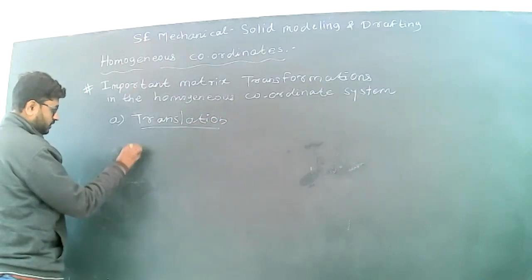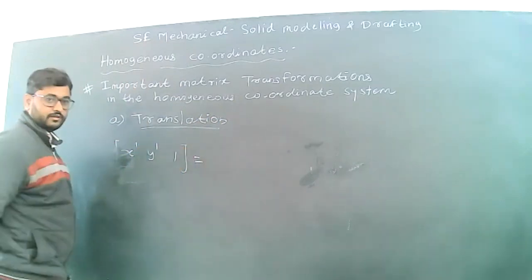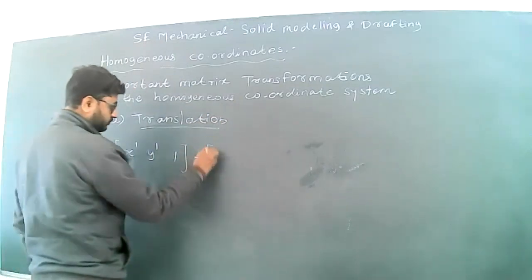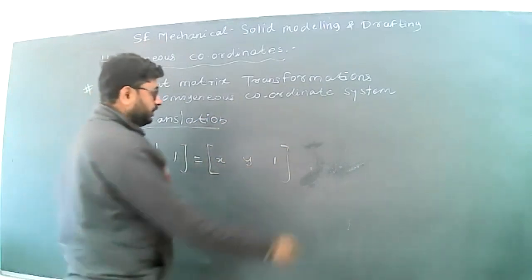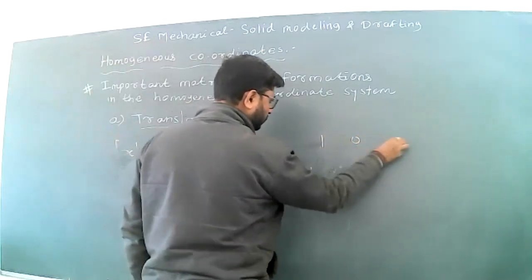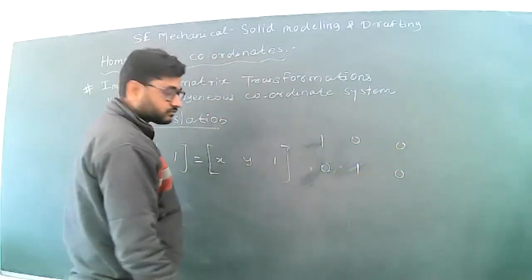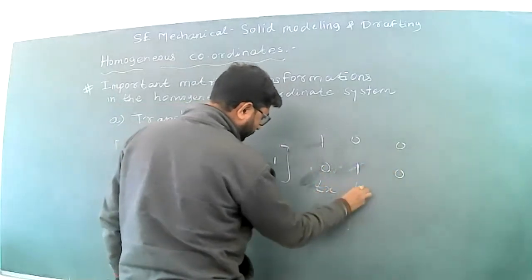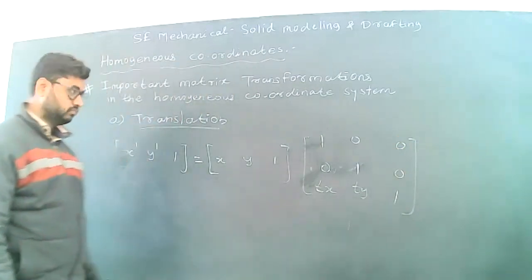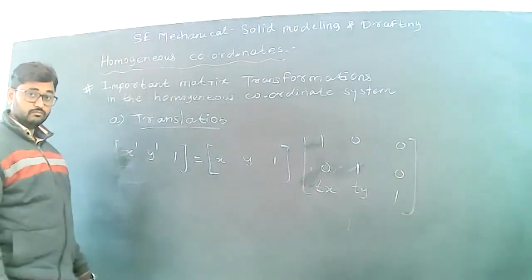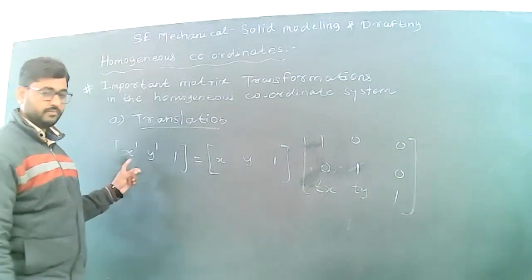We have the equation [x' y' 1] equal to [x y 1] into the matrix [1 0 0; 0 1 0; tx ty 1]. This is the first important matrix transformation for the homogeneous coordinate system.